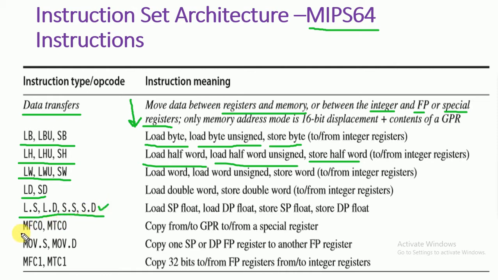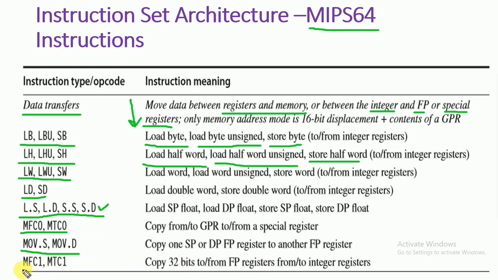Then MFC0, MTC0, all these are for copying with special registers. Then movement of a single precision or double precision value, copying from one floating point register to another, is movement between floating point registers.